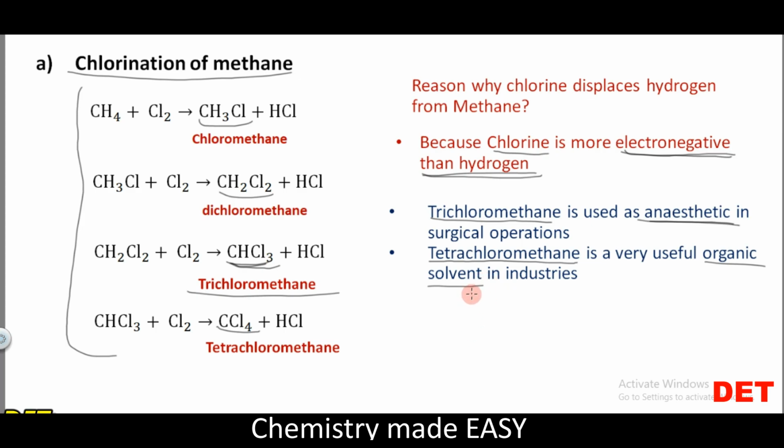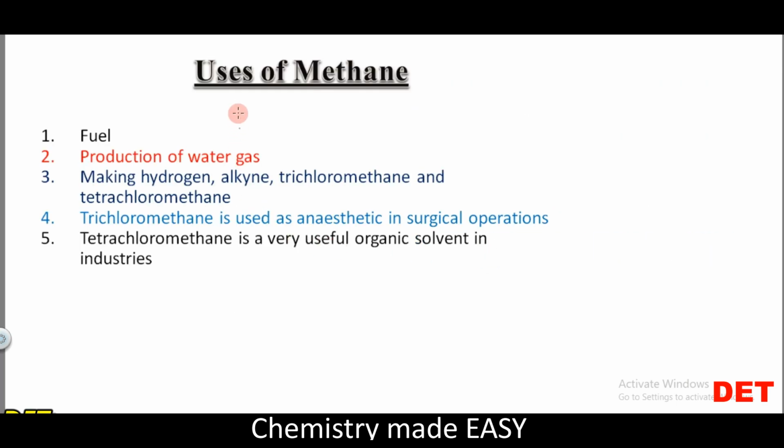They are able to dissolve things like fats and oil. They are able to remove stain from any substance. So tetrachloromethane is a very useful organic solvent in industries. You must know these three things that I mentioned here. Very important. Next, we're going to look at the uses of methane.